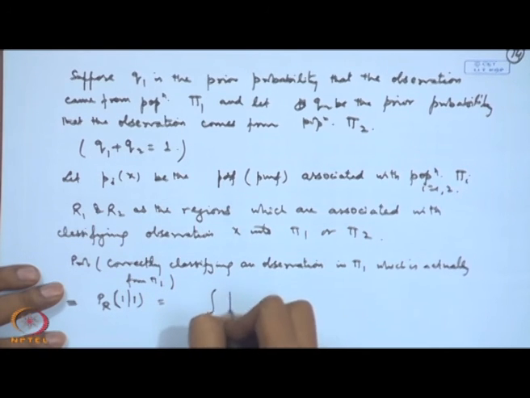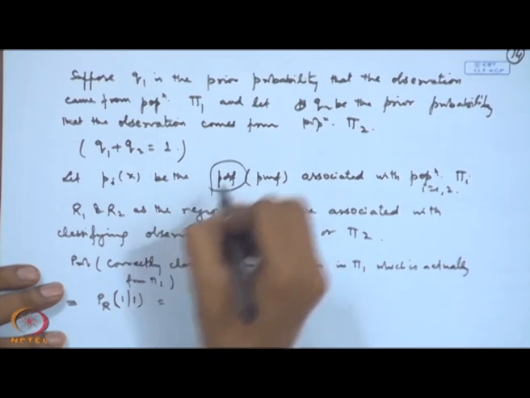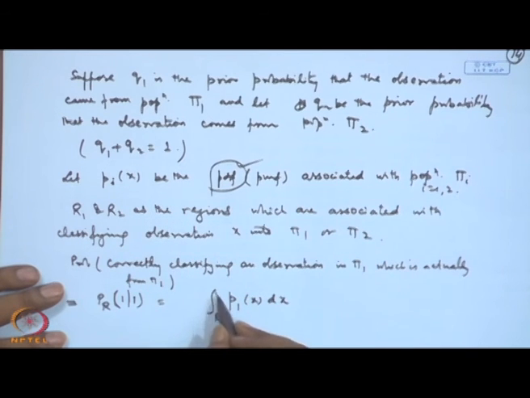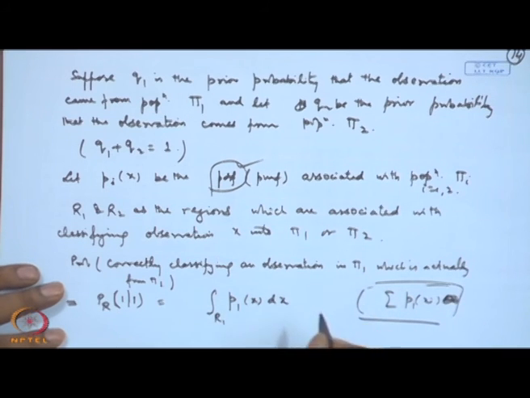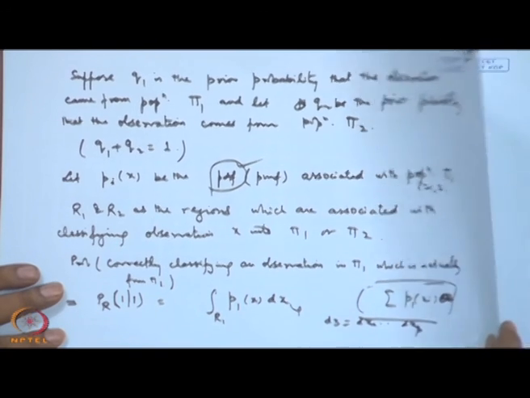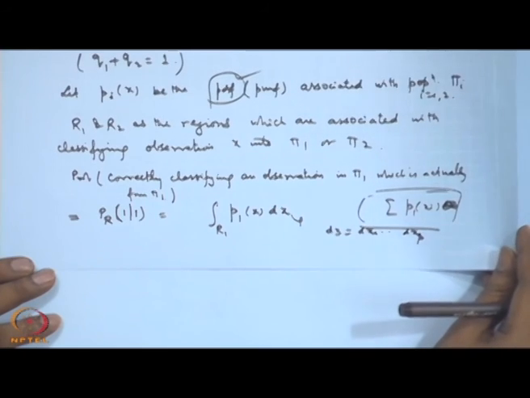This we can write as integral P 1 x dx over R 1. I am considering the density function form. If it is a discrete case, we can equivalently change it to the summation also. So, I am not discussing this case separately. This dx could be multivariate, because it depends upon what kind of observation you are having. In general, we will be dealing with multivariate observations here.